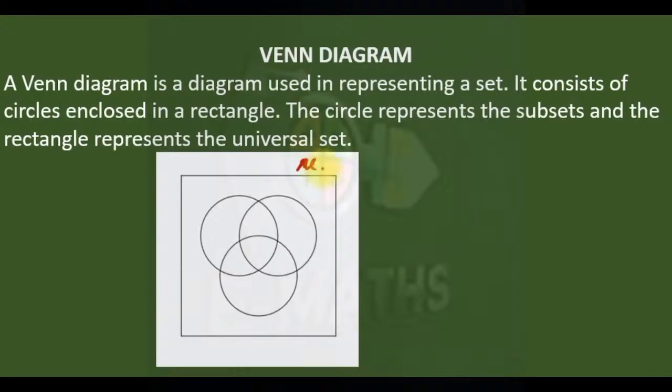It contains all the subsets. So maybe if we call this A, B and C, A, B and C are the subsets. And you can see there are some spaces here. These are the elements. The elements that you don't find in A, B or C are outside here. So this is the universal set, which is the container.